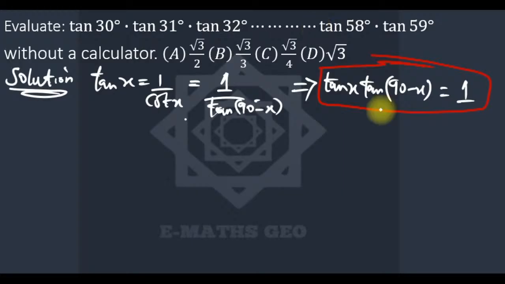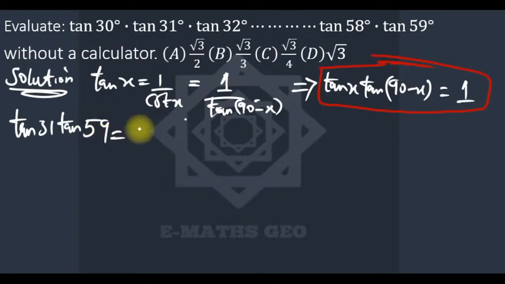They always sum to 90, so I can use this identity. Multiplication is commutative, so I can multiply tan 31 and tan 59, and then multiply the product of tan 32 and tan 58.